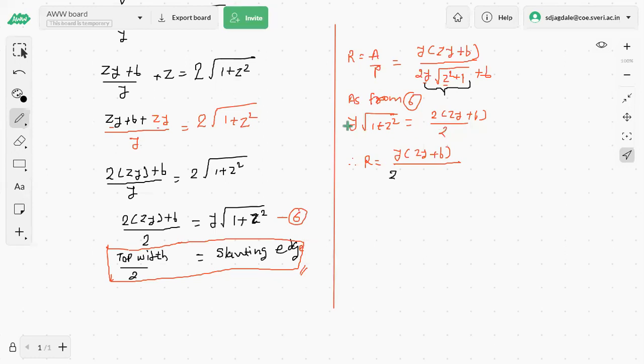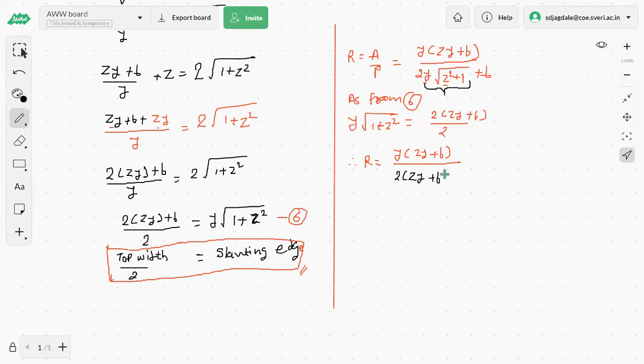If we take this 2 to this side, then directly we get the value of 2y into root z square plus 1. That will be 2 into zy plus b. I would like to go for directly. So instead of writing the 2 over there, I would like to consider the whole term. So that will be equals to 2 into zy plus b.